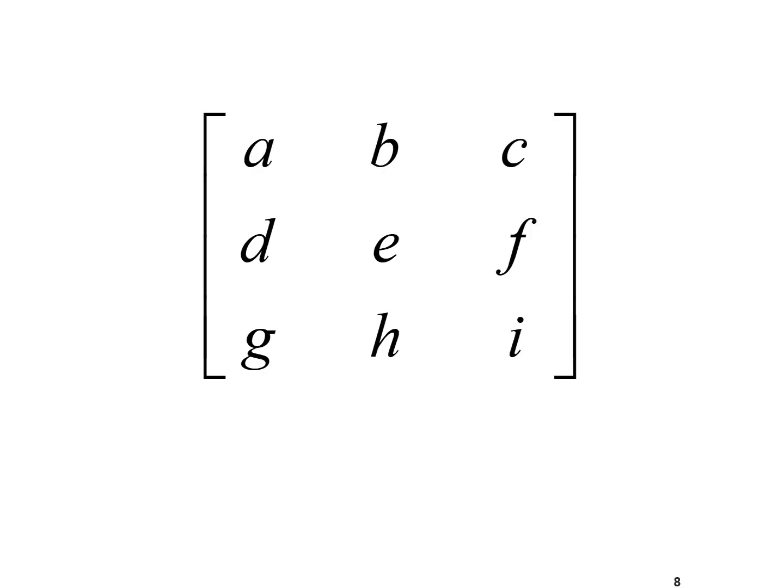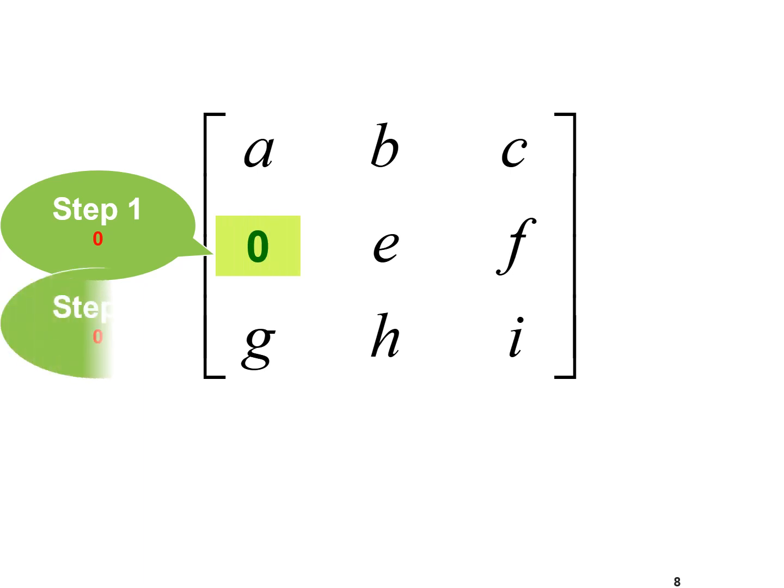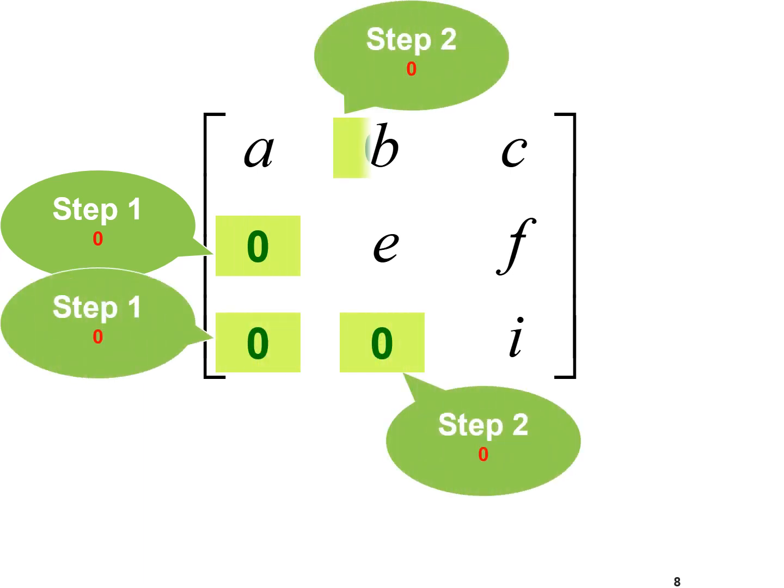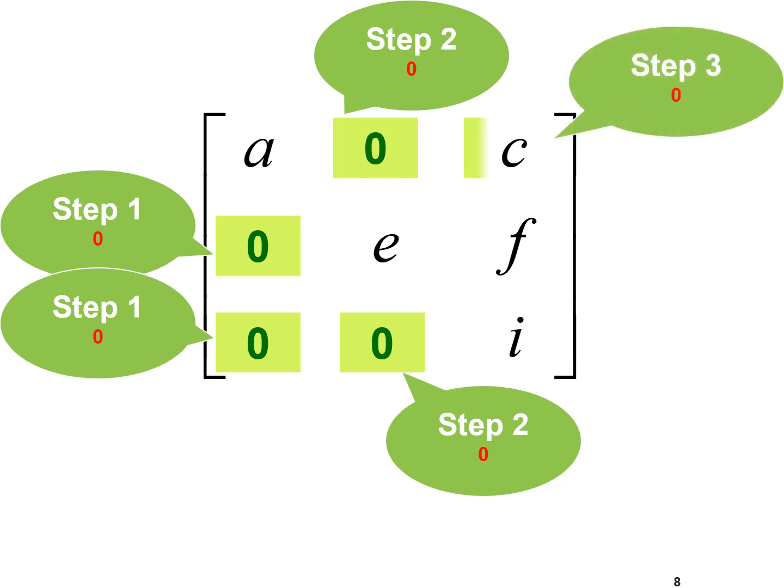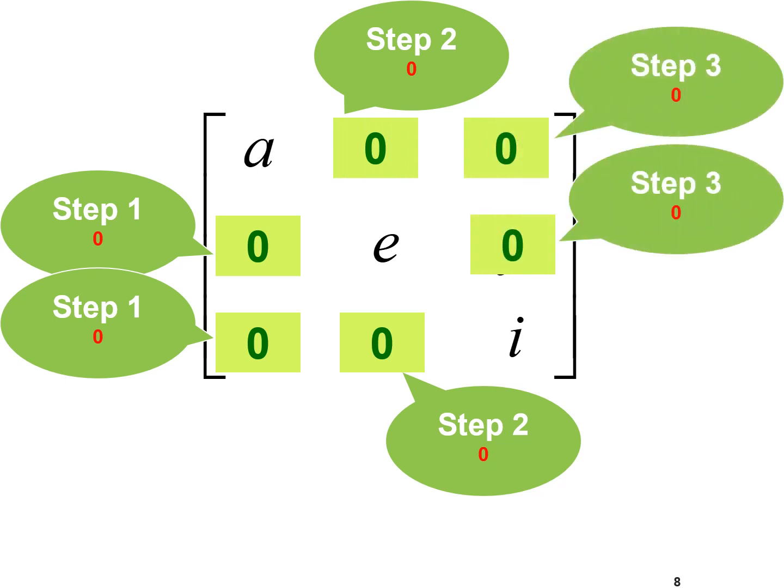To do ERO, please, class, you have to follow the procedure, which is step 1, obtain 0 in the first column, next 0 in the second column, and finally 0 in the third column. After finishing, to replace 0 in C1, C2, and C3, we will obtain number 1 on the leading diagonal.